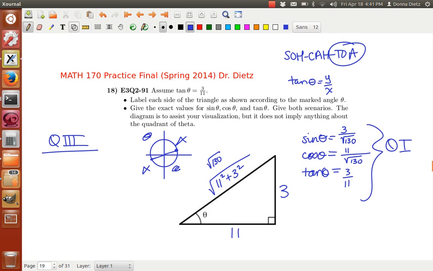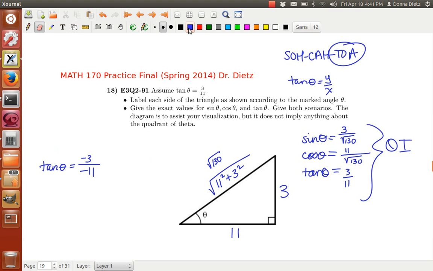Okay? So the thing is either positive or negative. If it's positive, it could be quadrant 1 or quadrant 3. Right, what does that mean? You think of it this way, tan of theta is minus 3 over minus 11. And then if you have that, you can just forget all this. Okay, and let's say you're just working off of this.